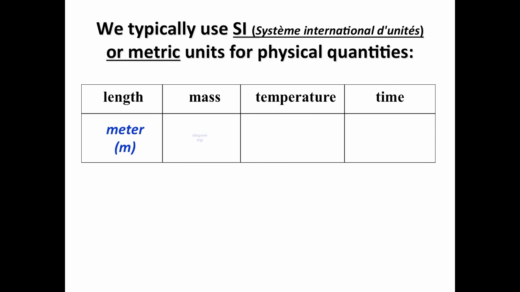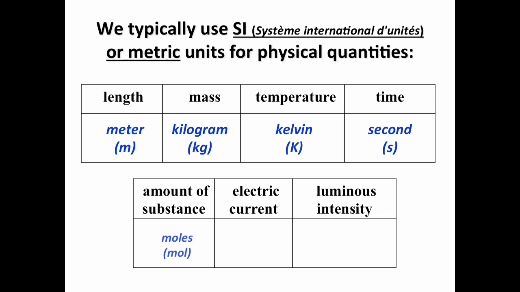Now, we typically use metric or SI, Système International des Unités, units. And the basic units in the SI system are meters for length, kilograms for mass, Kelvin for temperature, seconds for time, moles for amount of substance, amperes for electric current, and candela for luminous intensity.